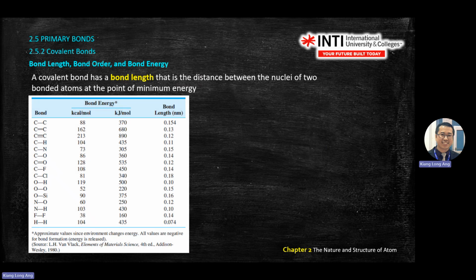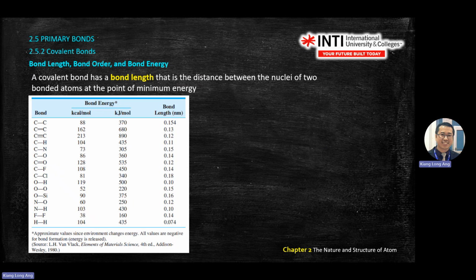Okay. So this is a new table introduced to you, with a new word called bond length. Bond length is the distance between the nuclei of 2 bonded atoms at the point of minimum energy. It means when they're stable, what is the distance between the centers of the atoms? As you can see, the single bond carbon is this one, 5.6, and so on.